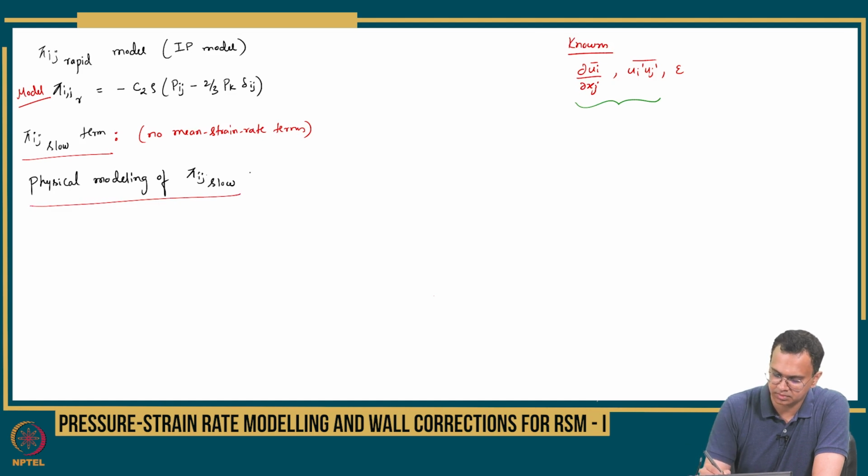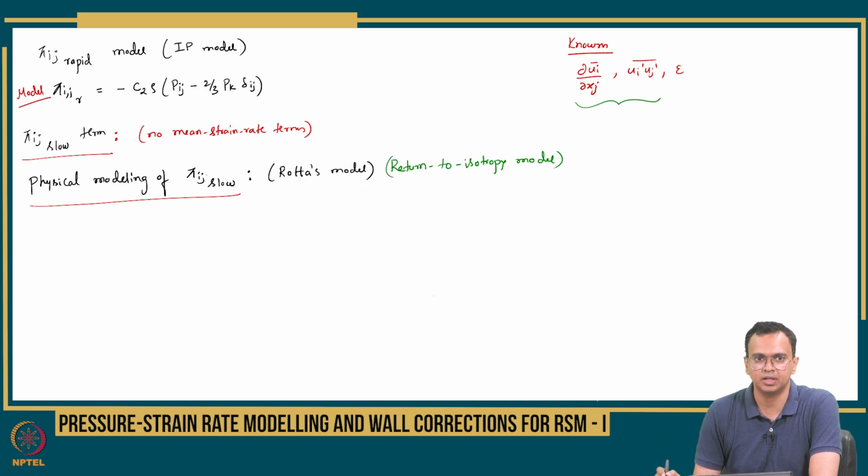This particular model has a reference. It is also called Rotta's model. It's also called the return to isotropy concept or model.